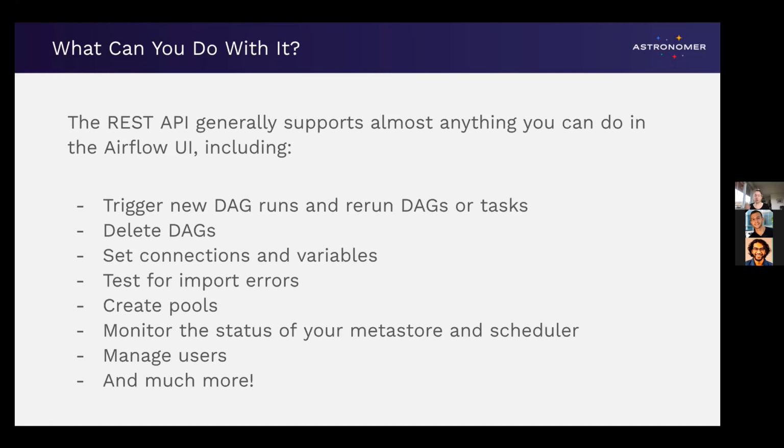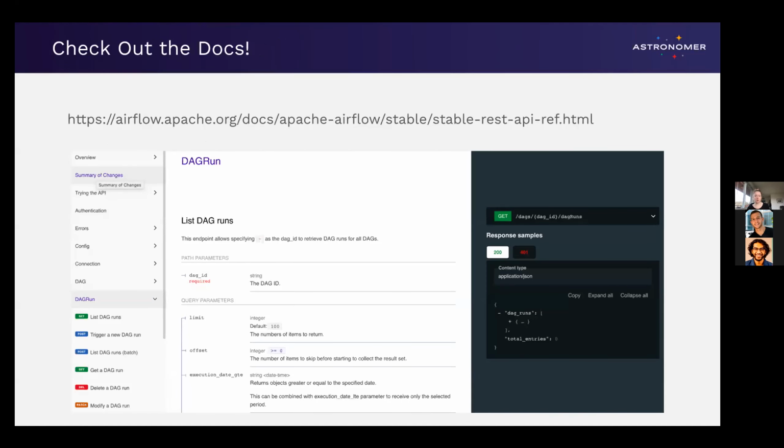If you're using Airflow already, you're probably used to using the UI. The UI is really great. It's super functional, but sometimes it's not great, especially if you need to automate any of these interactions. The API is going to be a much better way of going about that. So check out the docs. I'm going to go through some of these and actually show them in just a minute and how I would go about using them.